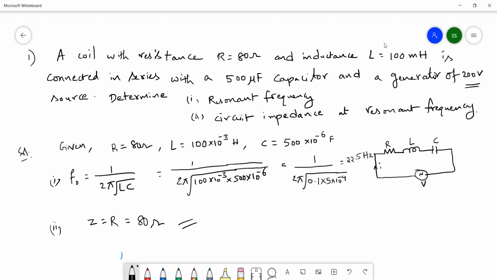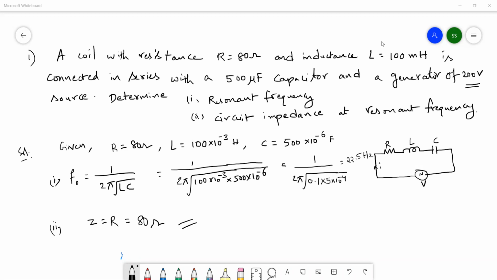Does everyone understand? Any doubts on how to calculate resonant frequency and circuit impedance at resonant frequency? Clear, all of you? Yes, sir.